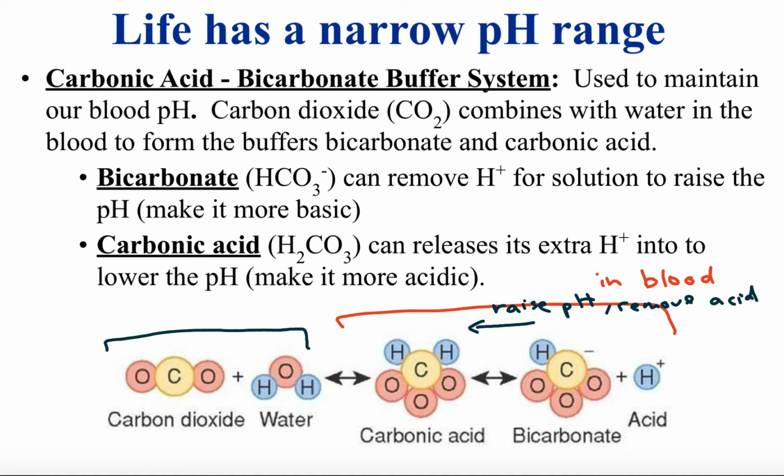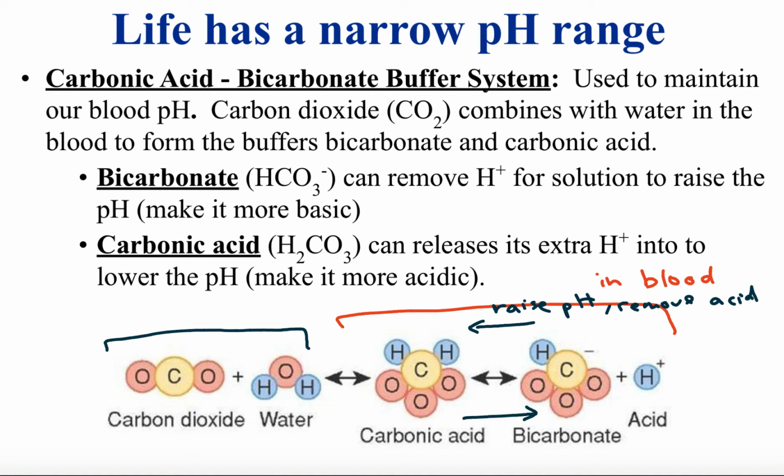And if you want to lower your pH and add acid back into your blood because your pH is too high, then you're going to use your carbonic acid and break it down to release the hydrogen ions that this acid can have.